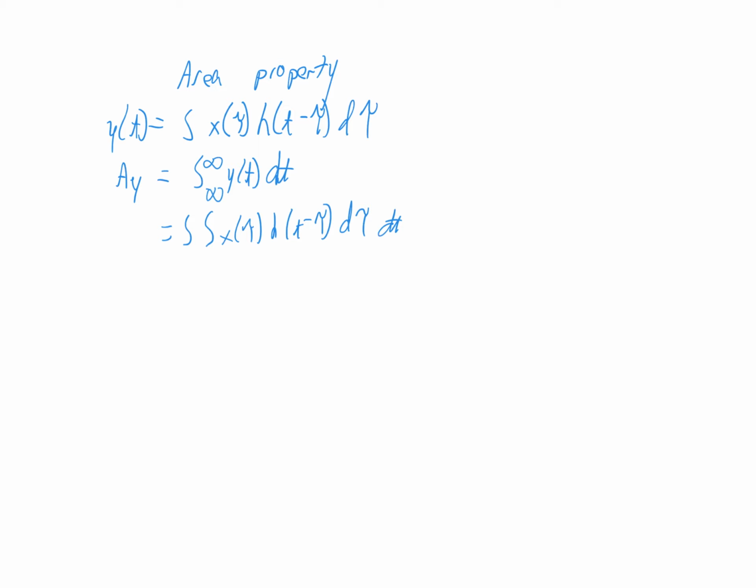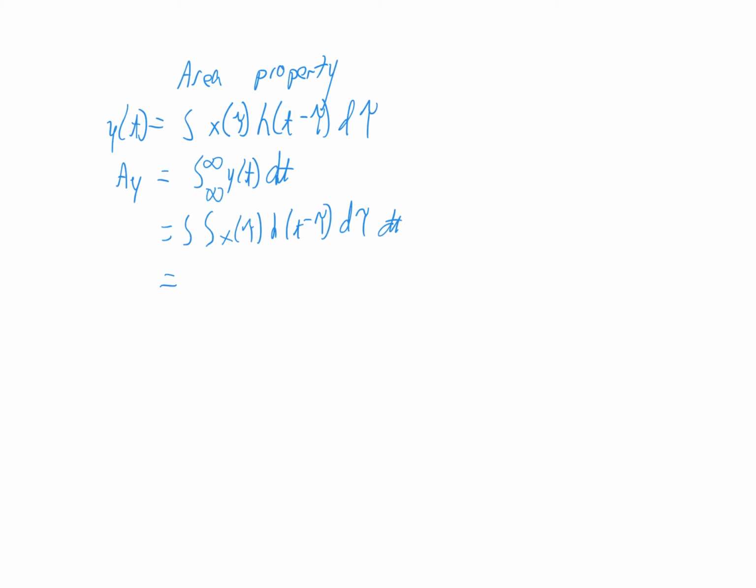So I'm going to recognize that this term right here, x of tau, only varies with the integration over the tau variable. The h varies with both of them, so I can't quite factor that one out yet. But I can treat the x of tau separately.